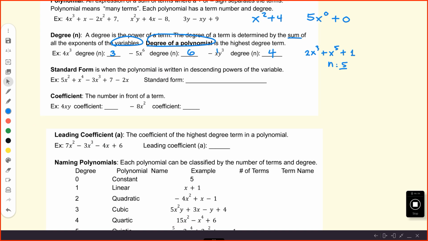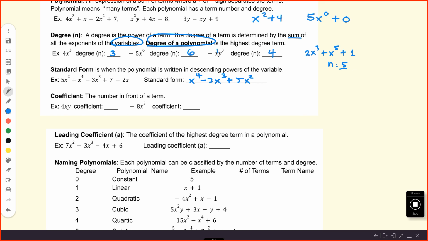Now, standard form is when a polynomial is written in descending powers of the variable. So how do we write this in standard form? We can start with the term with the highest exponent, so x to the 4th. What's the next term? Minus 3x cubed, and then plus 5x squared.